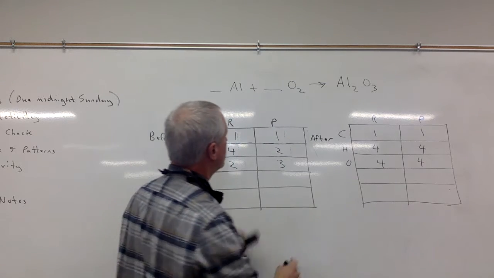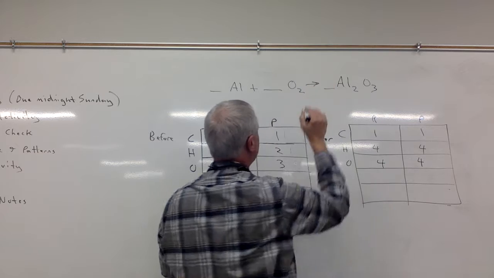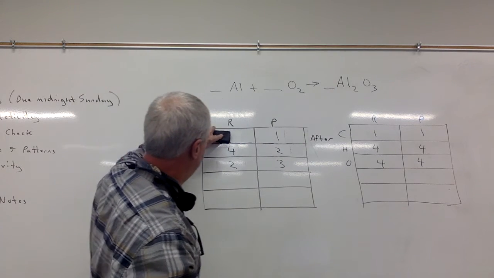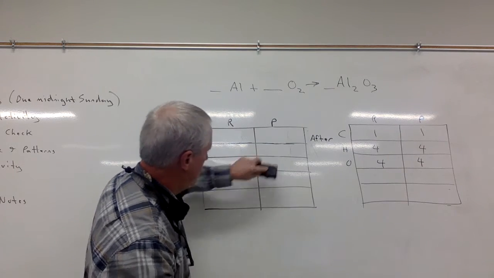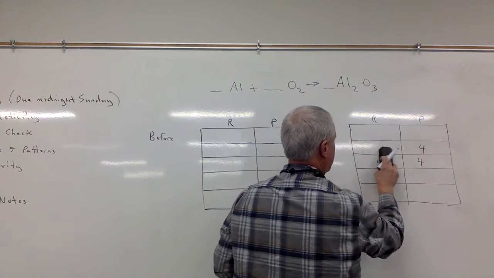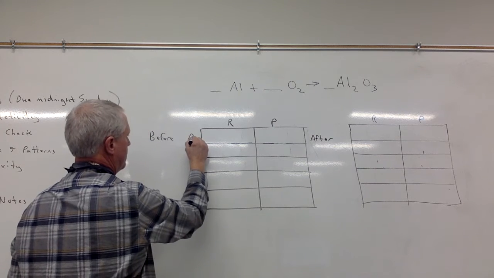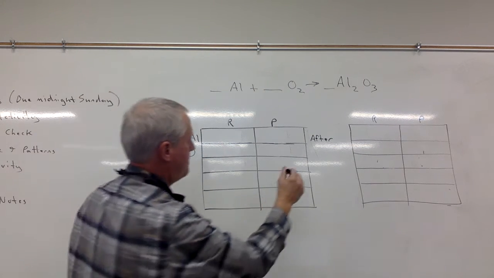Take a little room for how many we would have there. Now I'm going to get rid of this stuff real quick. Really, all we're working with is just 2 elements here: aluminum and oxygen.